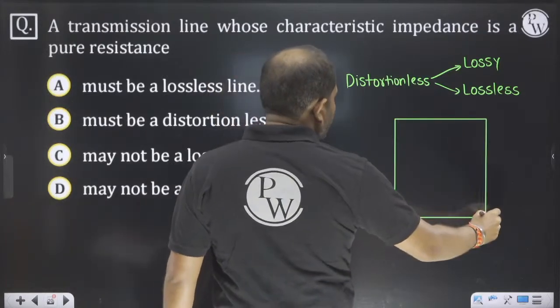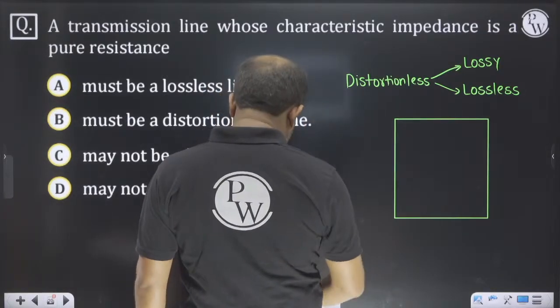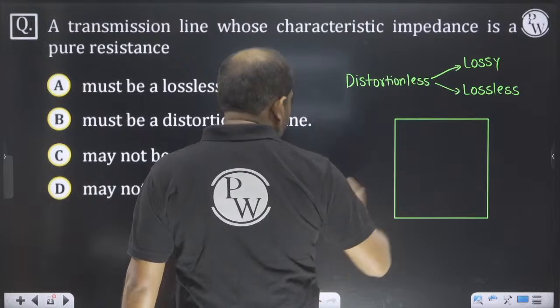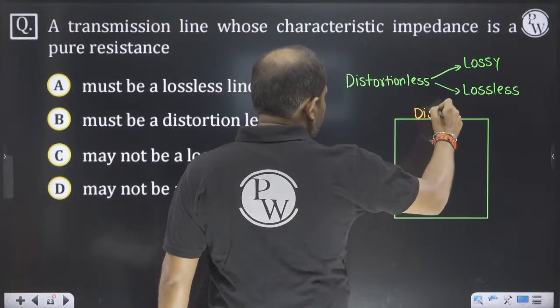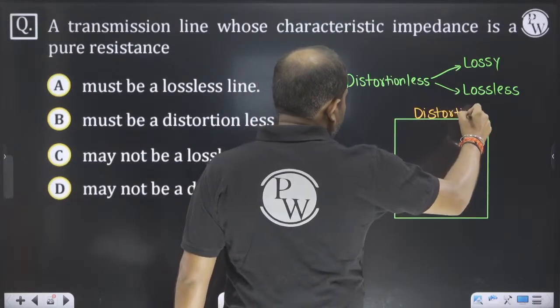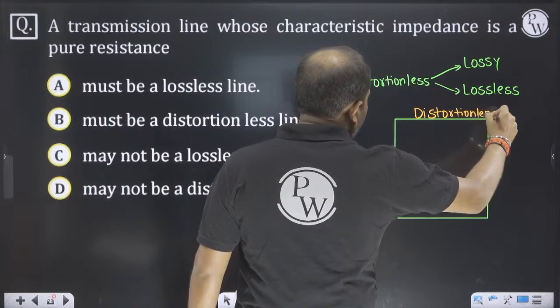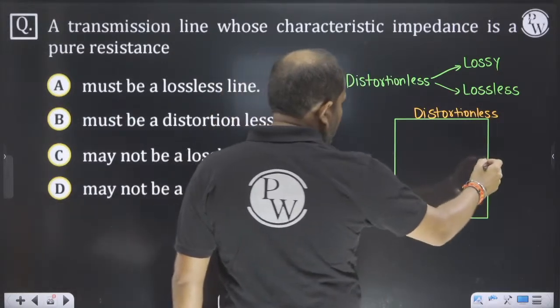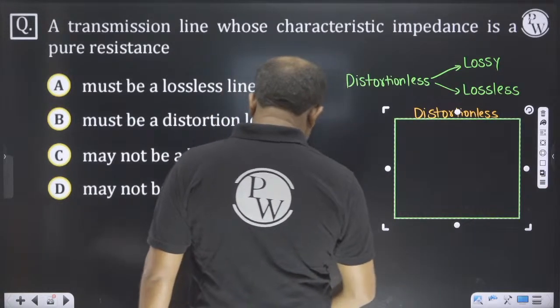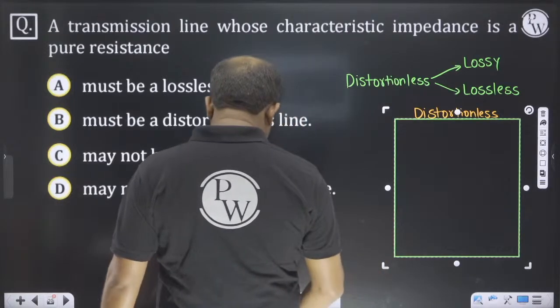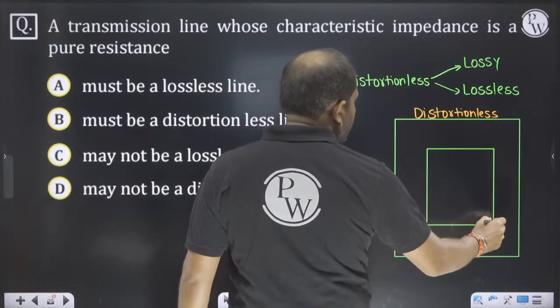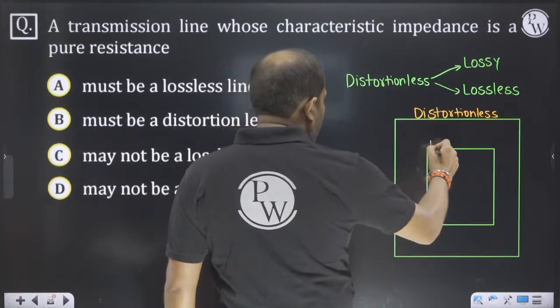In the distortionless case there are two types: one is lossy distortionless and the other is lossless. So I have taken distortionless, and I will take lossless also. Lossless will be a subpart of distortionless.